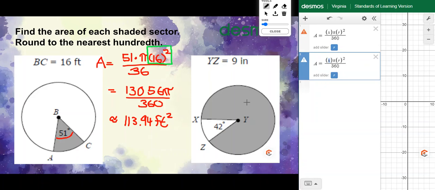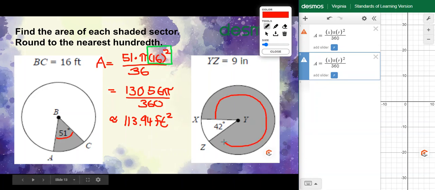So for x, we're finding the measure of, it's not 42 though, because we're trying to find the measure of the shaded portion. So what we're trying to find is the larger portion. It's like we're trying to find that entire shaded area. Okay, so x is going to be equal to 360 minus 42. So everything but that little portion.